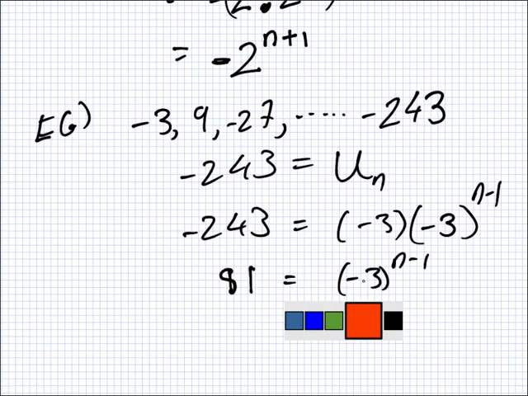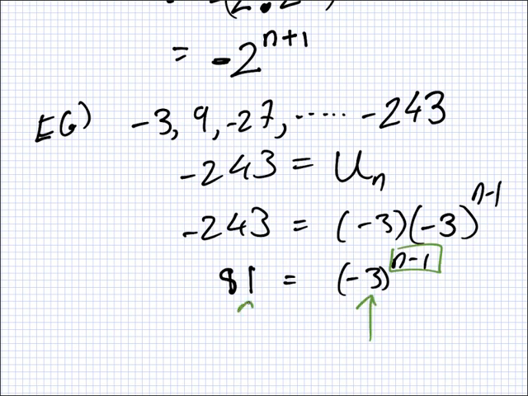There's something I know about n minus 1, because this is a negative and this is a positive. Does anyone spot something I can know about n minus 1? Is n minus 1 even or not even? N minus 1 is even.